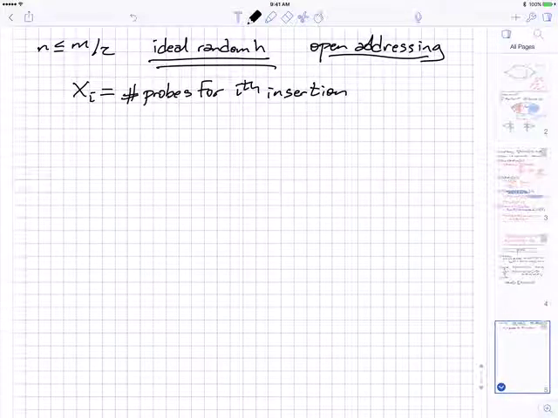So the hash function, in some sense, is a permutation of the indices, and I probe the hash table at each of those indices in that permutation. And then I'll call this max x_i, we'll call that x.